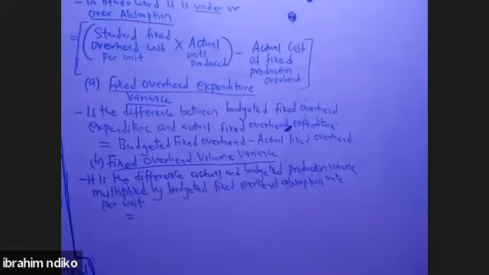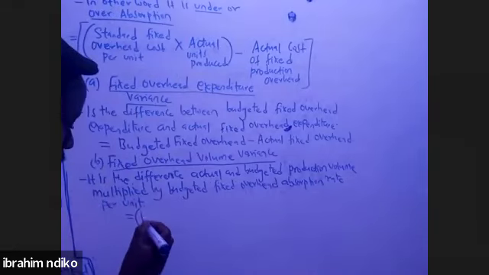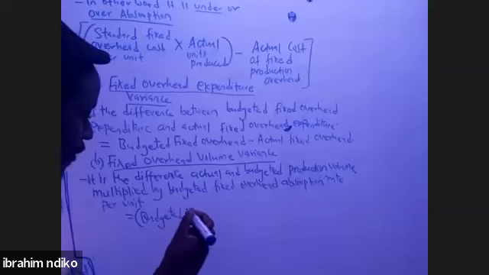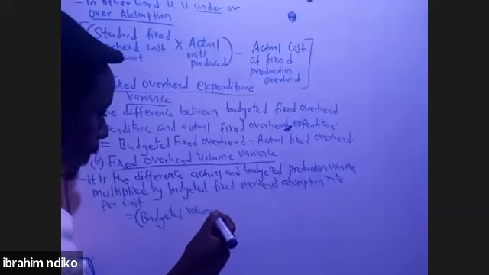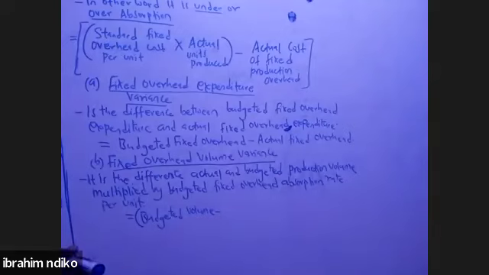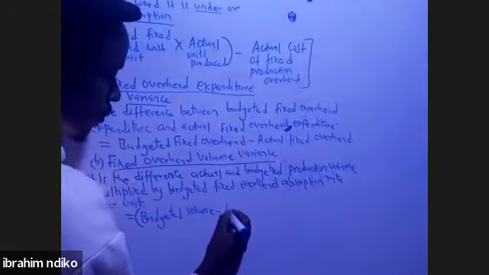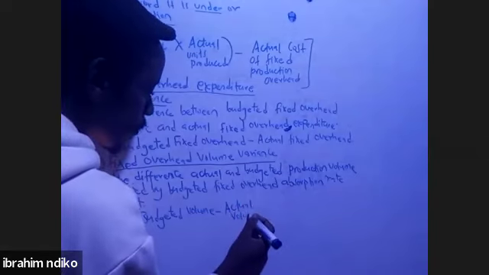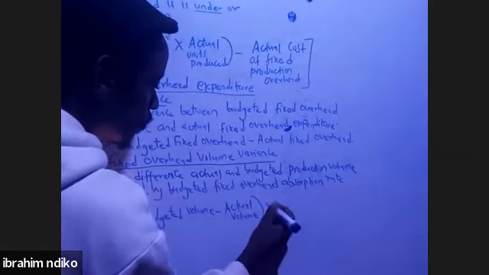Now you can give the formula. So it is equal to budgeted volume, then we minus actual volume.